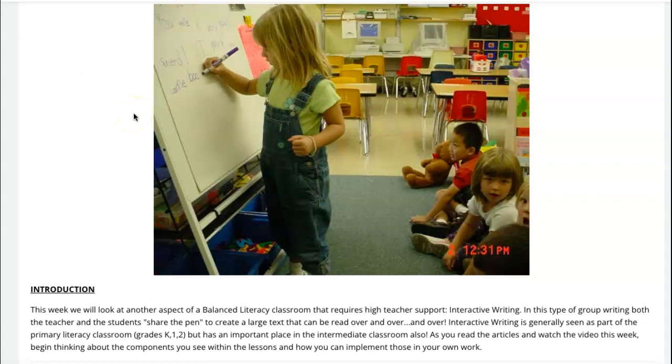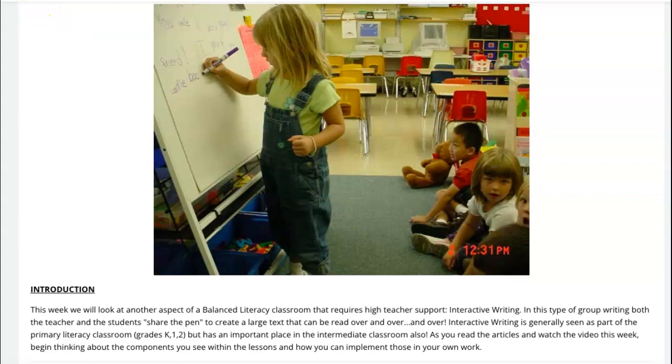For example, a list serves one purpose, sequential directions serve another. These writings not only have different functions, but also different formats. We want the children to know that other people will be reading their writing and it will need to make sense to others.